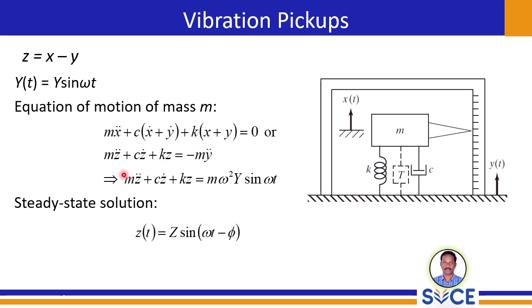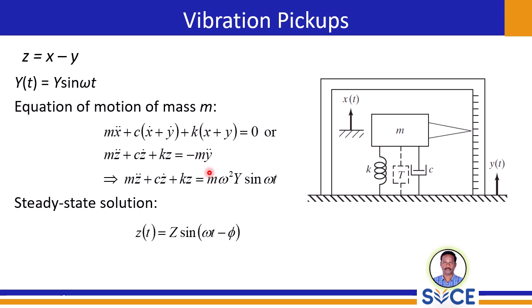Here x double dot represents acceleration of the mass, and x dot and y dot represent velocity of the mass and cage respectively. This is the relative displacement. So we can rewrite the equation in terms of z by substituting z equal to x minus y. It will be rewritten in this form.